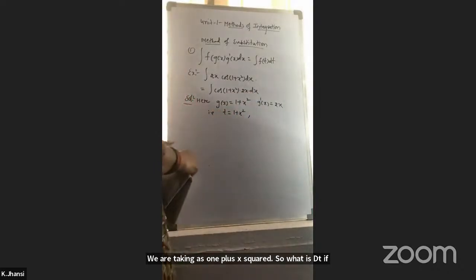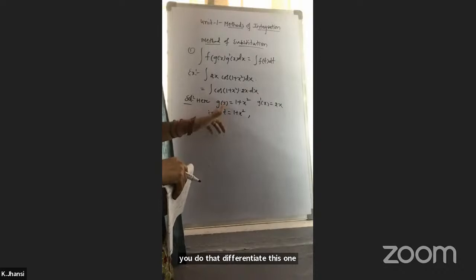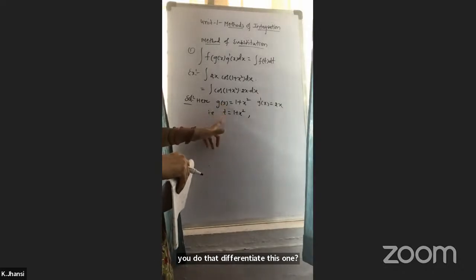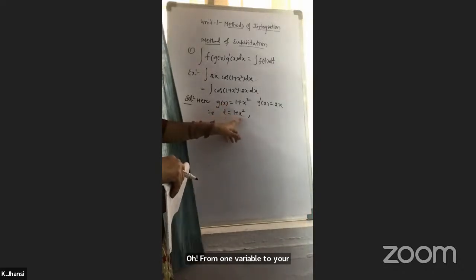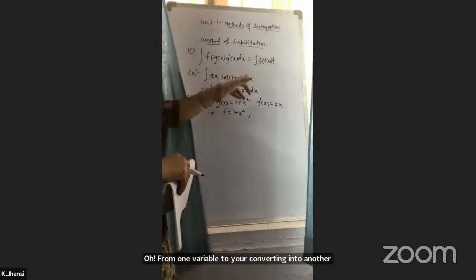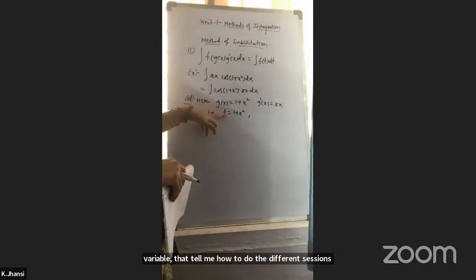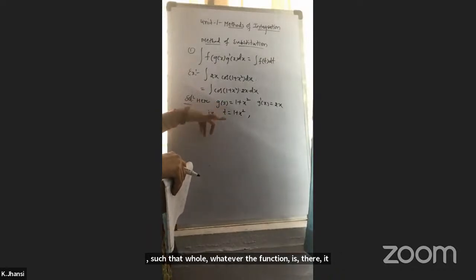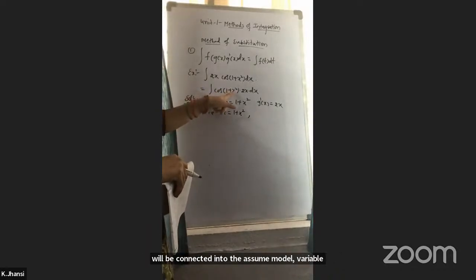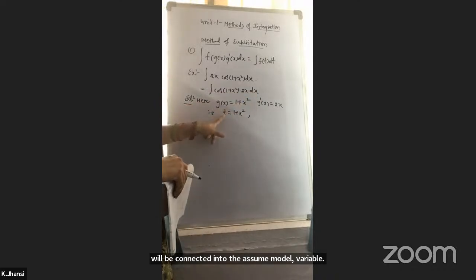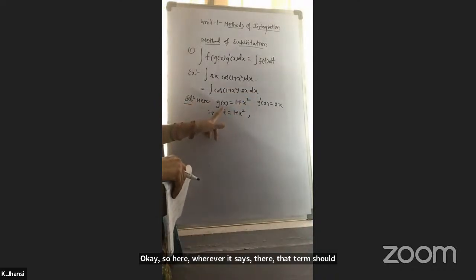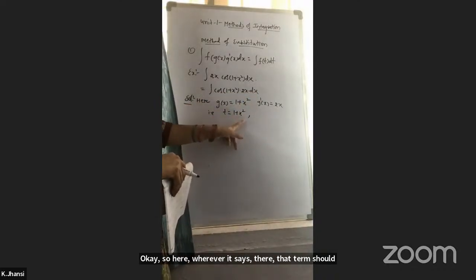Whenever you convert from one variable to another, you have to do the differentiation such that the whole function is converted into the assumed variable. So wherever x is there, it should be converted into t, because you are assuming t as 1 plus x square.